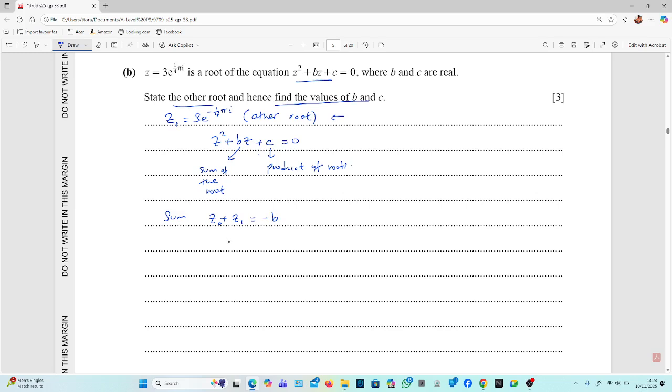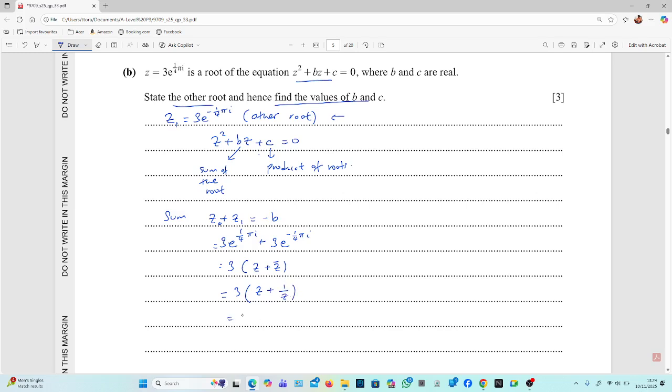And so we have 3 e to the 1/4 pi I plus 3 e to the negative 1/4 pi I. So the 3 is common. So what we have then is e to the pi I plus its conjugate. So this is actually z plus the conjugate of z, which is z plus 1 over z.